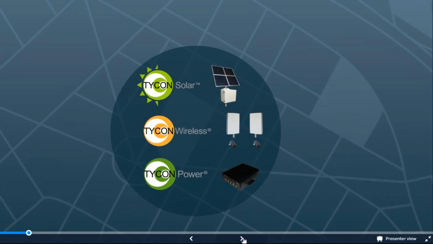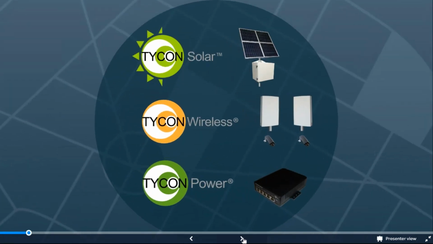So we have three major brands. We have Tycon Solar, which is our remote power equipment. This would be for off-grid solutions, powering security cameras, Wi-Fi or wireless access points, completely off-grid, as well as battery backup systems. So maybe you have AC power, but want to have 8 hours, 24 hours of extra battery backup.